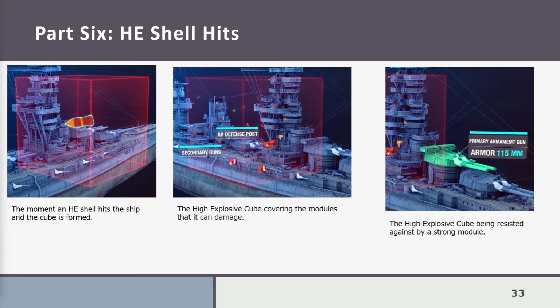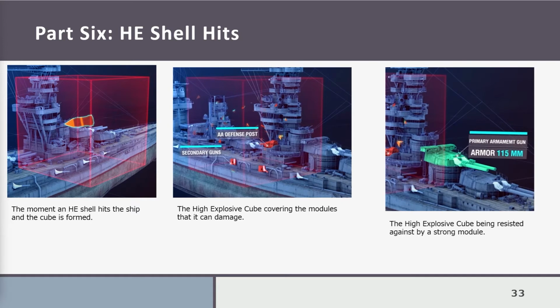The shell is going to apply damage to the superstructure section of your ship, and the entire hull section of your ship. Those two are going to take damage traditionally and go against your HP bar. Then the high explosive cube is going to apply the alpha damage, which is a separate number, against, in this case, the AA guns and the secondary guns, and they are destroyed because there is too much for them to resist.